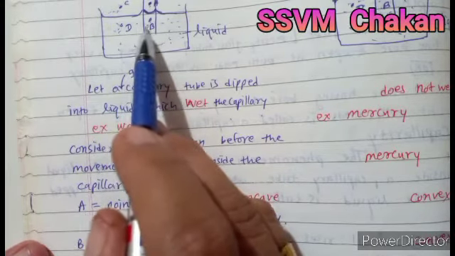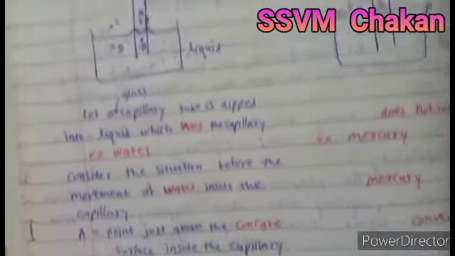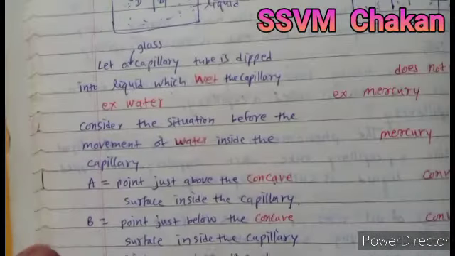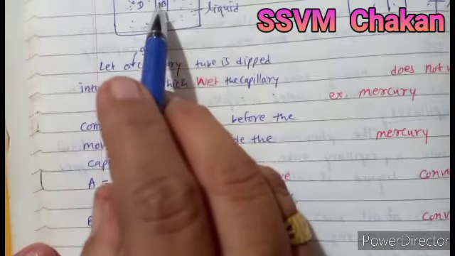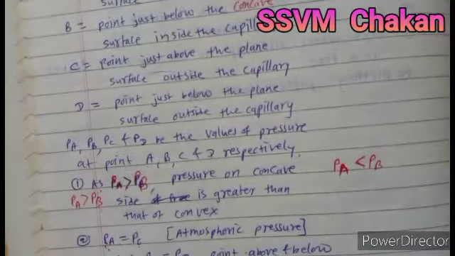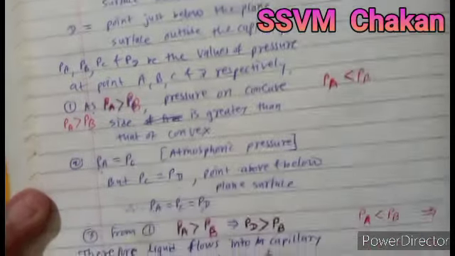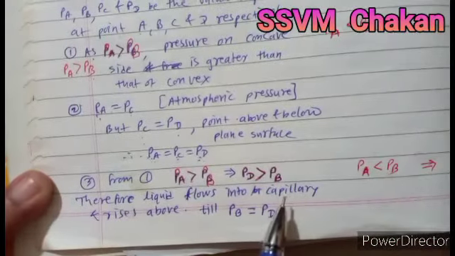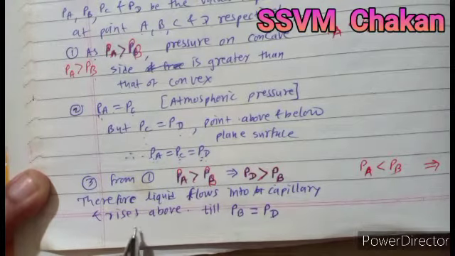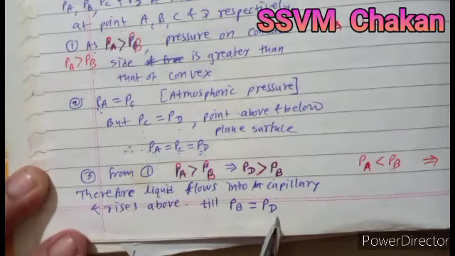So to balance this pressure, the liquid starts rising in the capillary, until the pressure at D is equal to the pressure at B. Therefore, since PD is greater than PB, the liquid flows into the capillary and rises until PB is equal to PD.